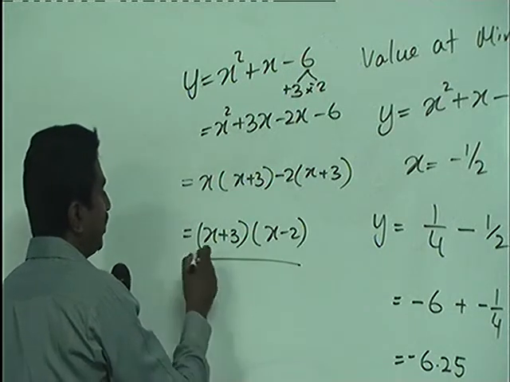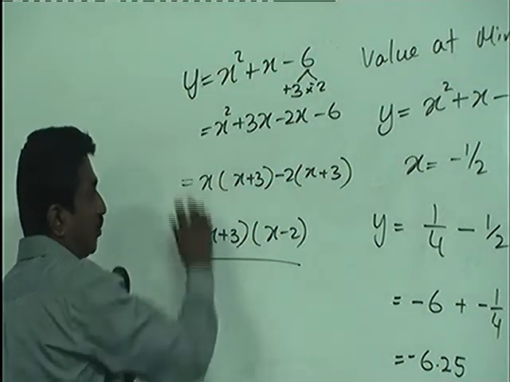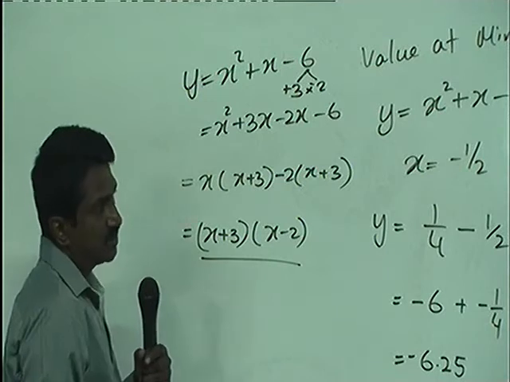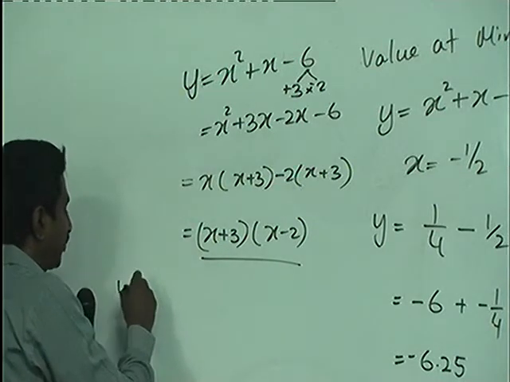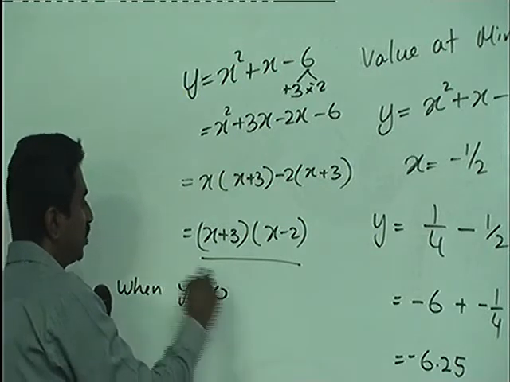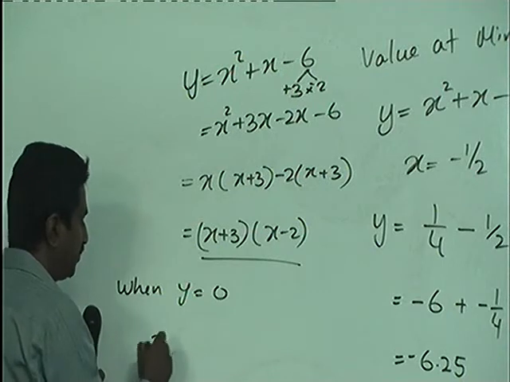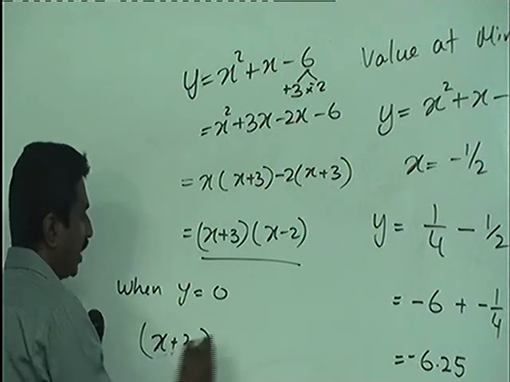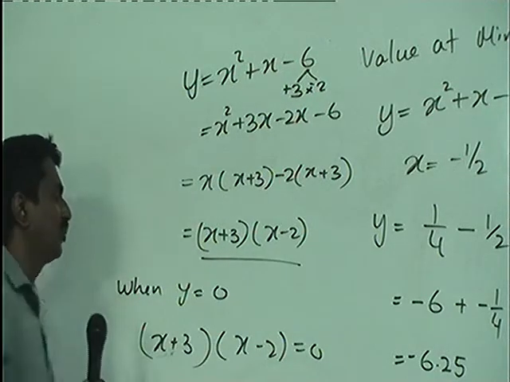So here there are two factors. When y is equal to 0, at the x axis, x plus 3 times x minus 2 equals 0.